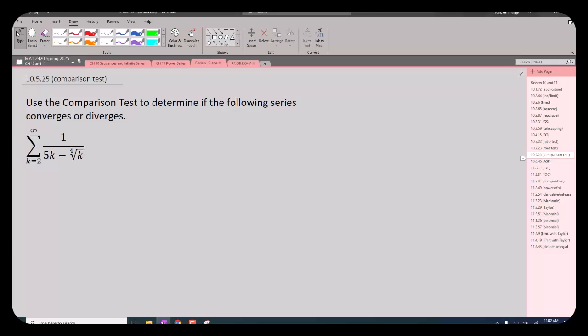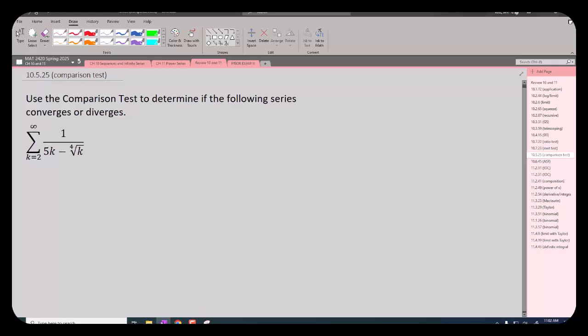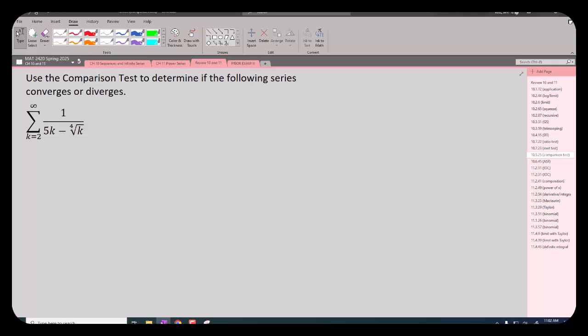Let's go to a comparison test. So comparison test, when we look at this, the denominator has this subtraction in here, and we have the 4th root of k, which grows very slowly. It's going to grow a lot slower than 5k.